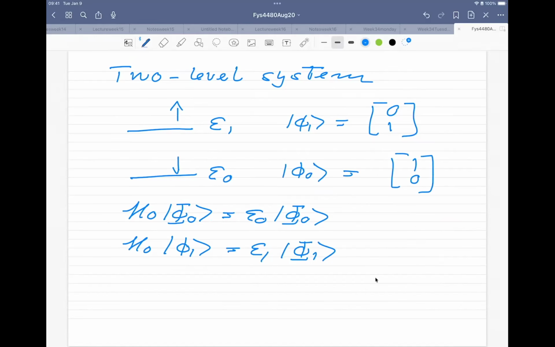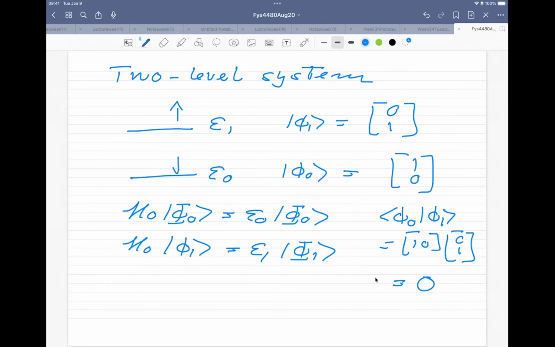This is what we would call an orthogonal and normalized basis. So if you take phi 0 and multiply that with phi 1, which in this case is simply 1, 0 as vectors, multiplied with 0, 1, you see that this is equal to 0. And then if you take phi 1 with phi 1, you get 1, and phi 0 with phi 0, you get 1.